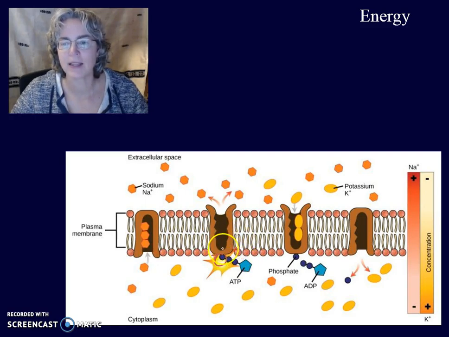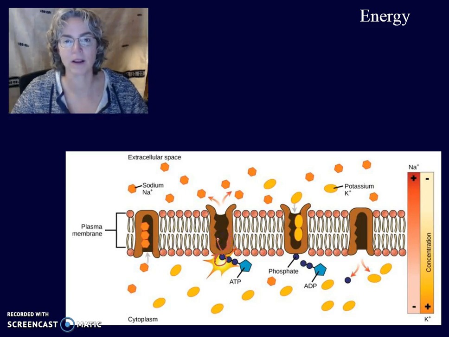The energy is transferred to the protein molecule so that it can change shape.